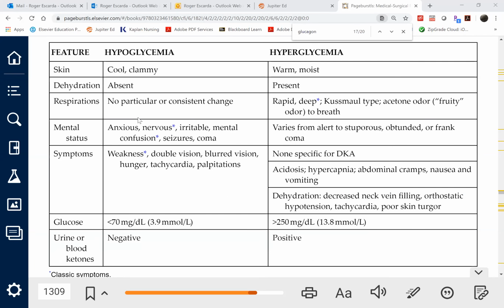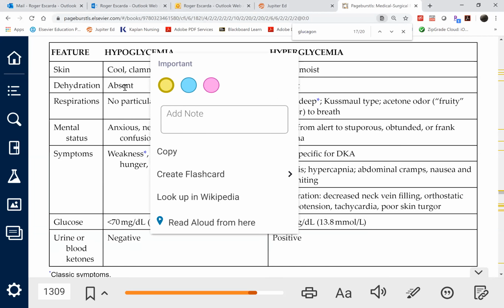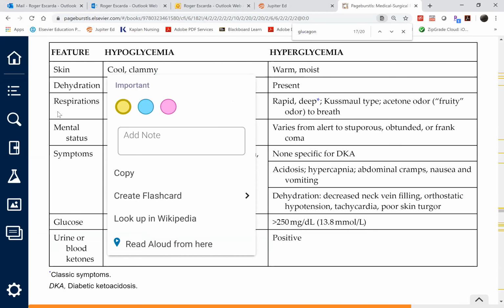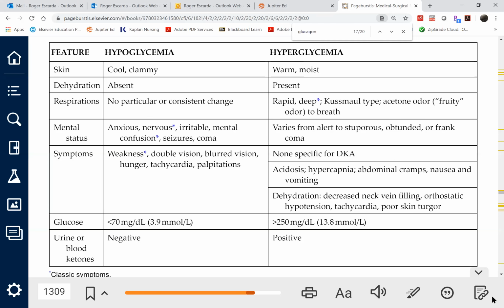Most of the symptoms, as you can see, are compensatory symptoms, meaning they are the signs that your body is compensating, particularly sympathetic nervous system stimulation manifested by increased heart rate. That's why you have tachycardia. And then because there is generalized vasoconstriction, that's why the patient's skin feels cool and clammy. And like I said, there is no dehydration in hypoglycemia.